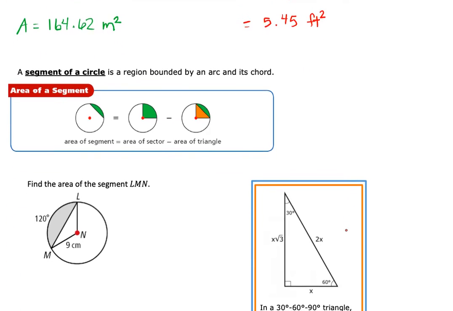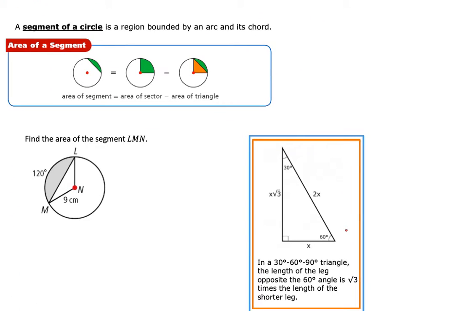Let's move on to segments. The segment of a circle is a region bound by an arc and its chord. So to find the area of this segment right here, you need to find the area of the sector, which is the easy part, and then subtract the area of the triangle, which is the easy part if it's a right triangle. If not, then you need to use some other methods.